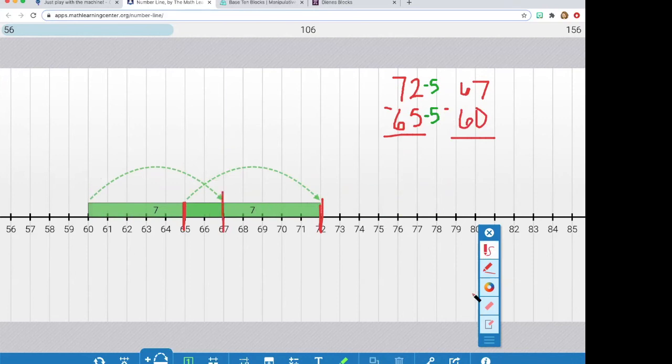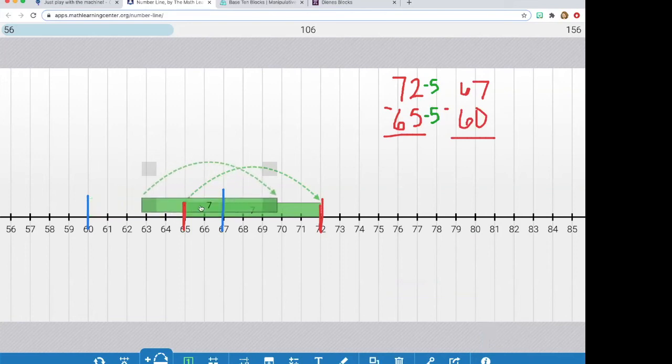distance. Well, maybe I should get a new color here. This distance then hasn't changed. It's still 7. So I can change the minuend and subtrahend all I want. By moving this from 65 down to 60, 1, 2, 3, 4, 5, simplifying or making this 65 a friendly number, I have now changed the minuend and the subtrahend, but I kept the distance the same.